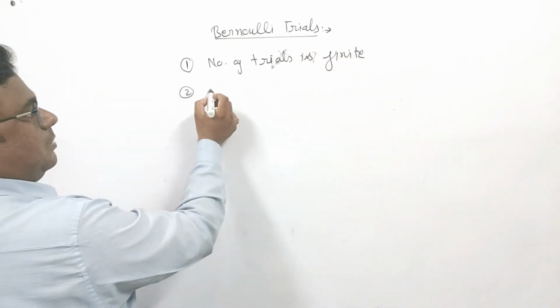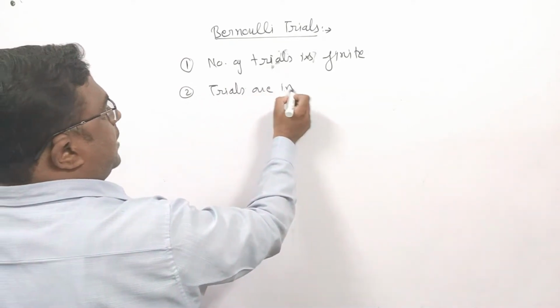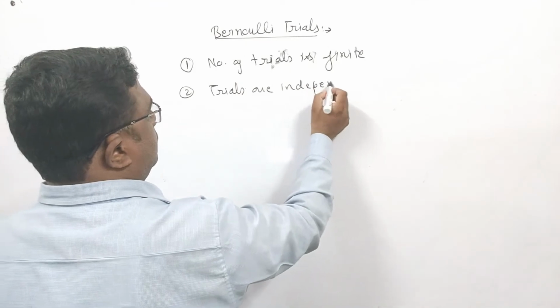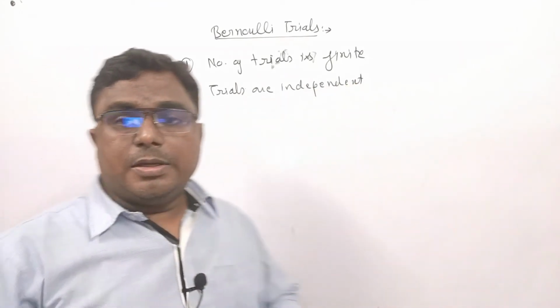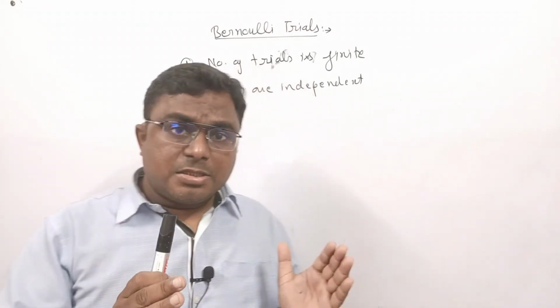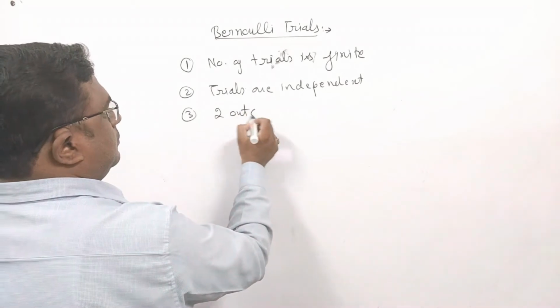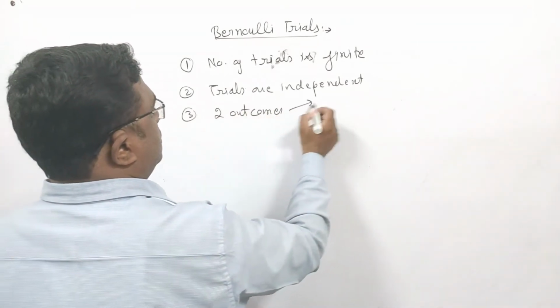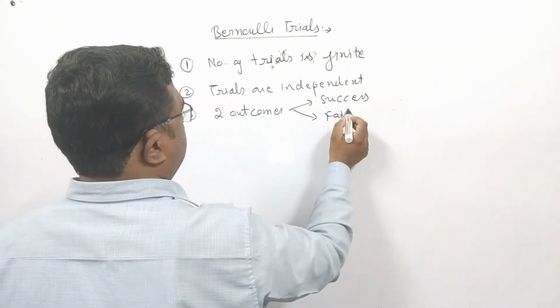Number 2, trials are independent from each other. Number 3, each trial has exactly 2 outcomes called success and failure.